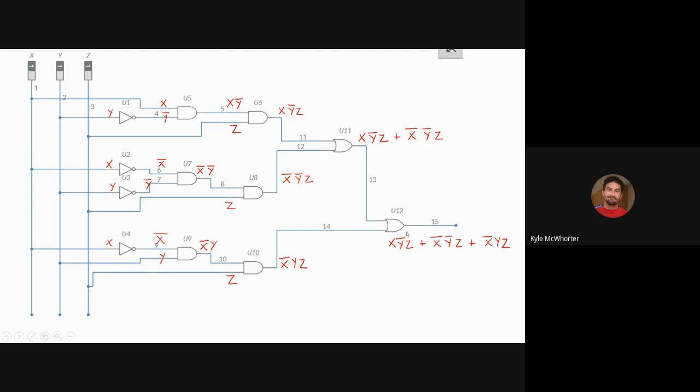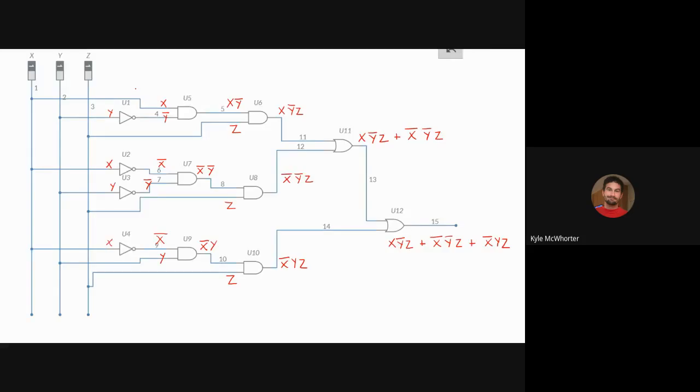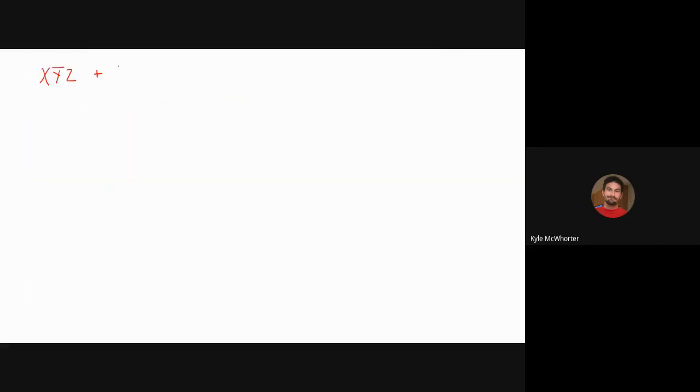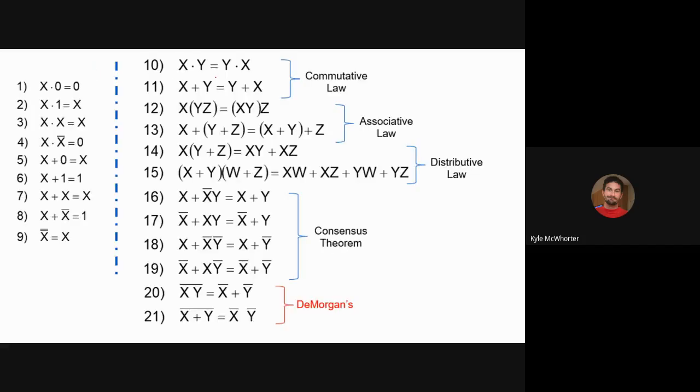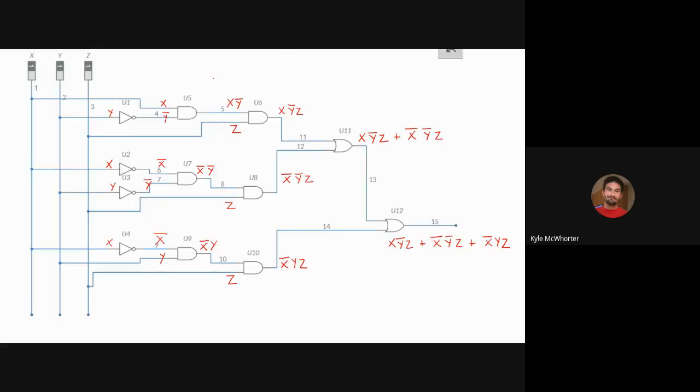Now we're going to use our theorems to simplify it. So, I'll write this down on the next slide. X and not y and z, or not x and not y and z, or not x and y and z.